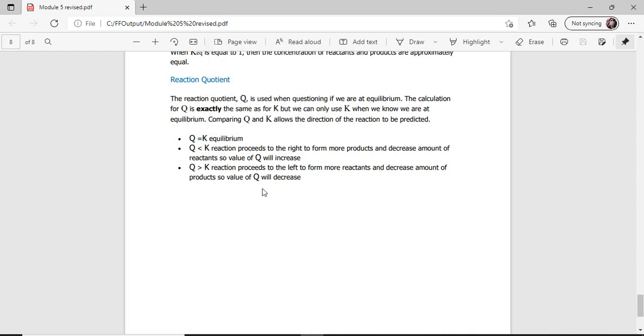Now, if your quotient is greater than your K, ibig sabihin na, the reaction is to form more reactants and decrease the amount of product para mag-decrease ang imo nga quotient.